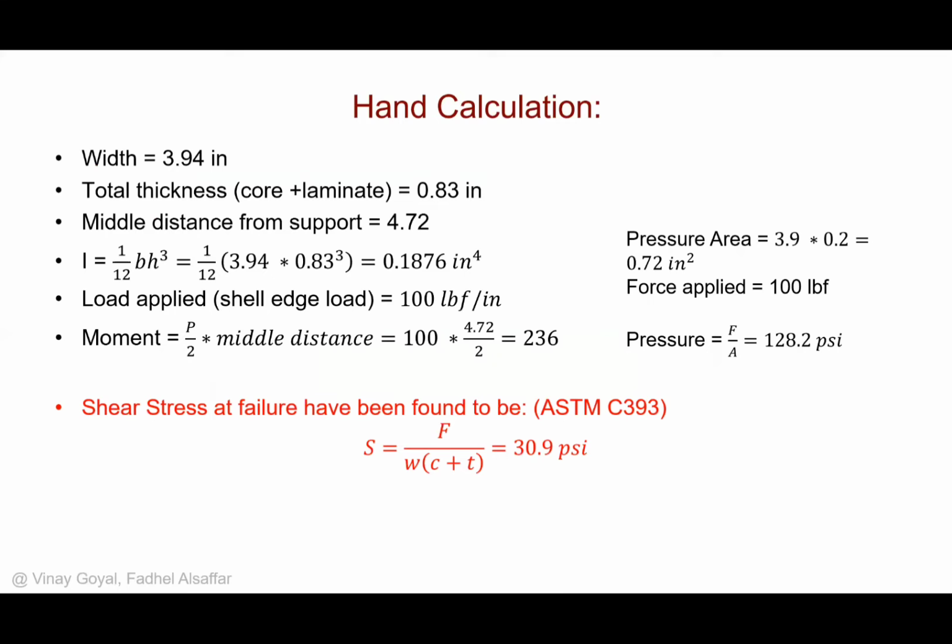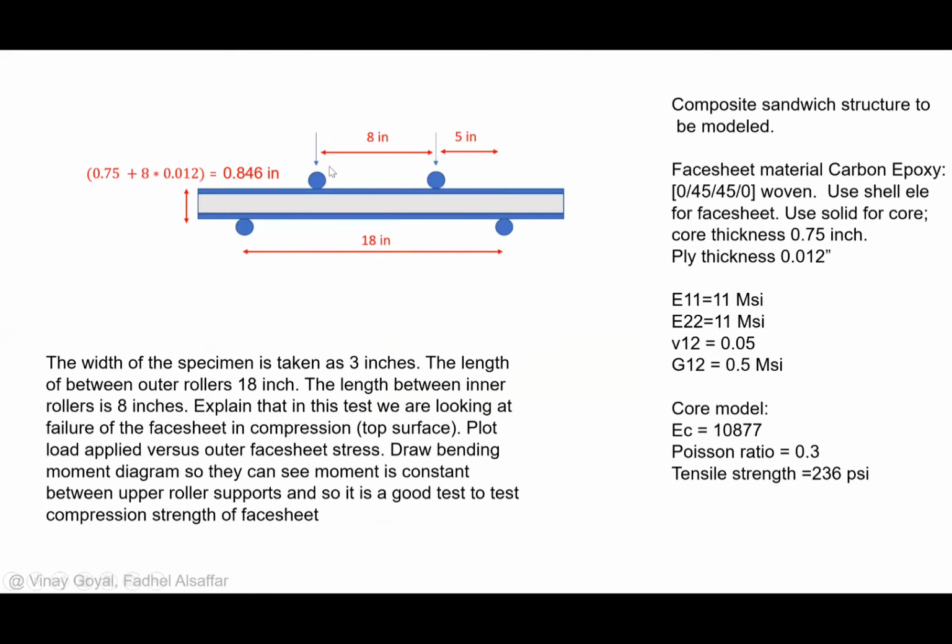The second problem that we will be handling is the 4-point bending test, which is this one here. It's again a symmetrical problem. It looks very similar, except that we have 2 points rather than one. And we have the same material.